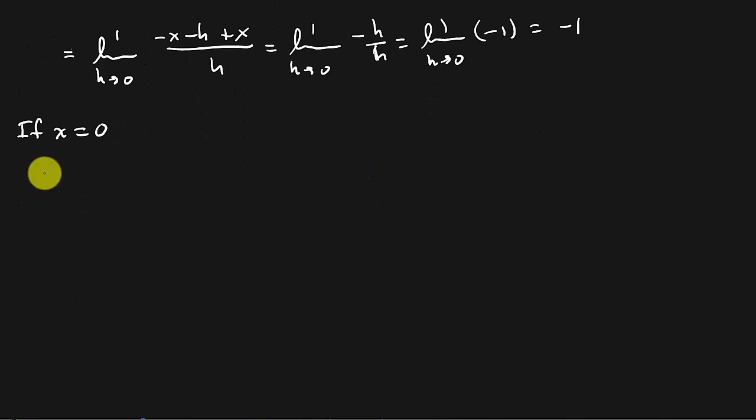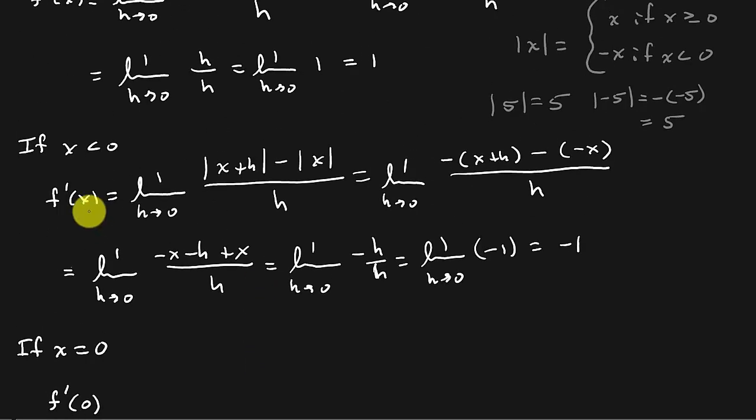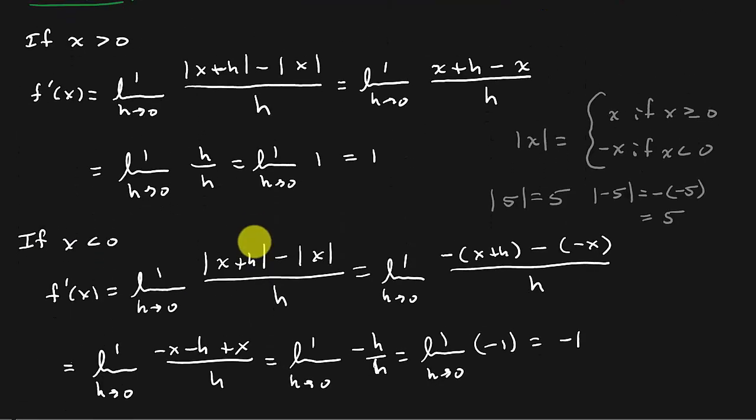All right. So, what do we got? We've got f prime of 0, because x is 0. See, here I did f prime of x, but x is just any positive number. X is any negative number, so I left it at x. I'm not doing it at a particular value.